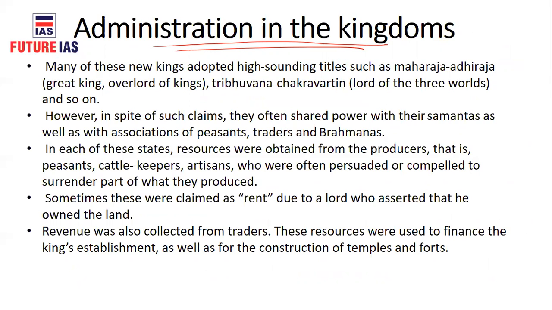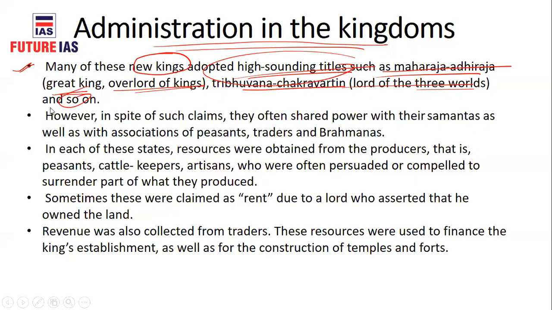So many of these new kings, who were establishing these kingdoms, adopted high sounding titles, so that they reflect the valor and the importance of the new kings. For example, Maharajadhiraja, the great king or overlord of kings, and Tribhuvana Chakravartin, that means Lord of the three worlds, and so on.